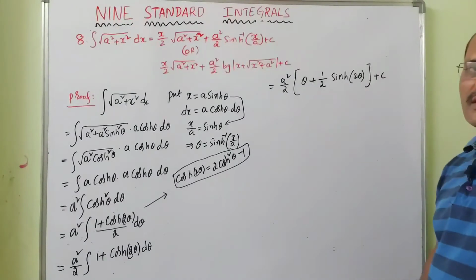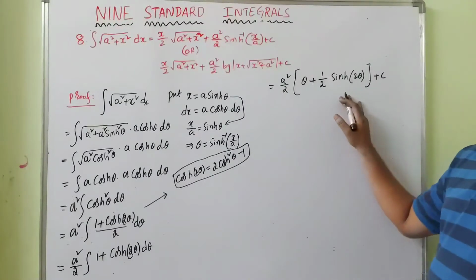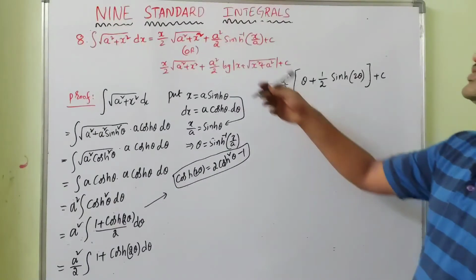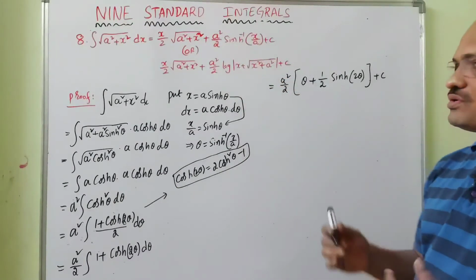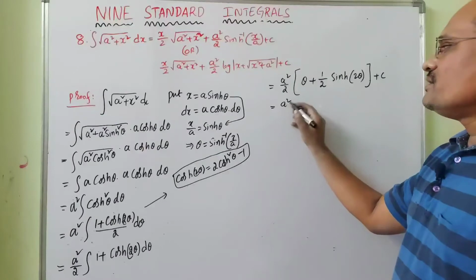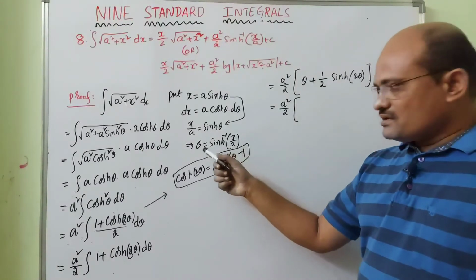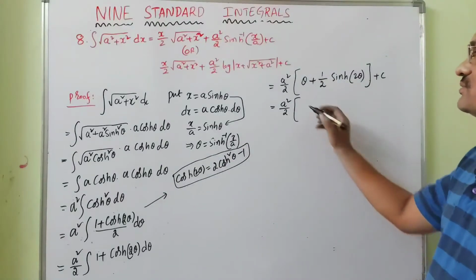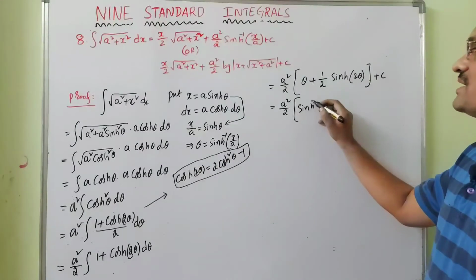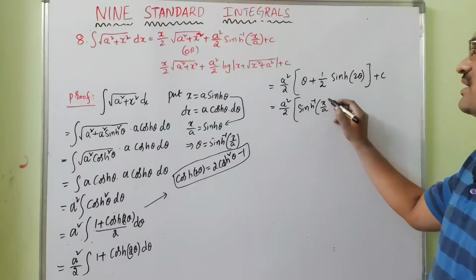This is the integration. This is the answer in terms of theta, but the answer should be in terms of x. So convert the answer into x. How? Theta is written here: theta equal to sinh inverse of x by a.